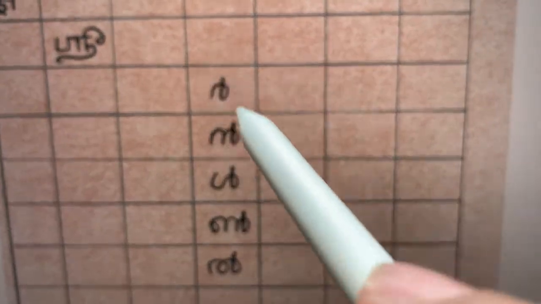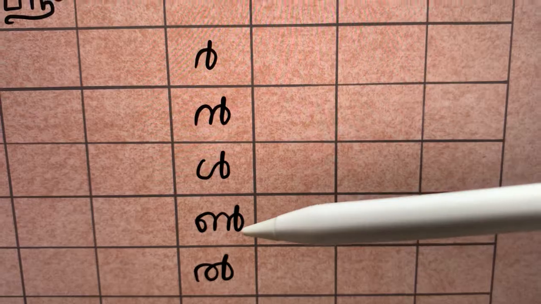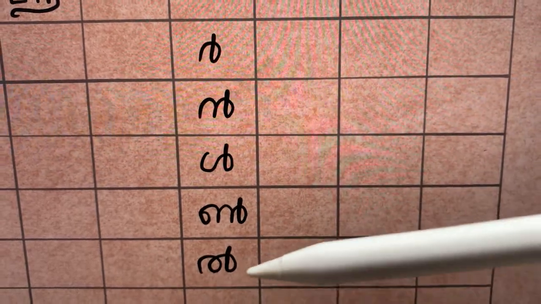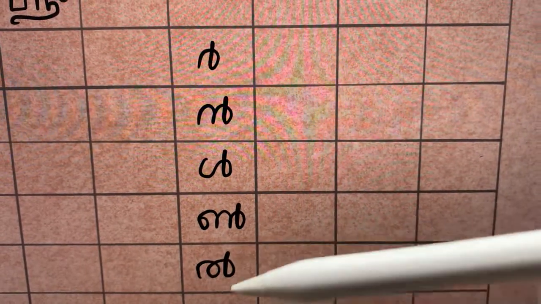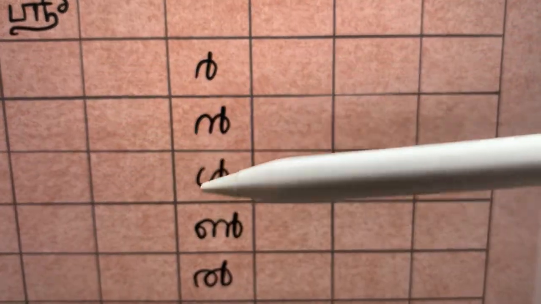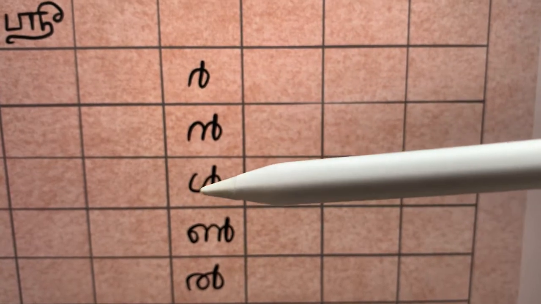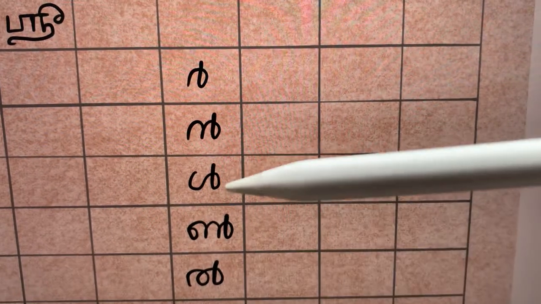So this is a ra, and it's a half ra, half na, and half la. Although the letter looks like ta, this is nothing to do with ta. And this letter looks like sha, but this is l. And so these two are kind of exceptions.